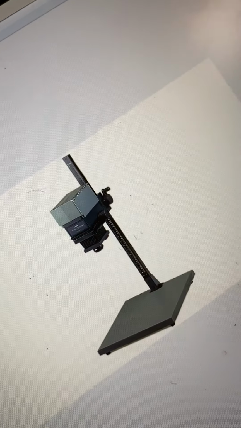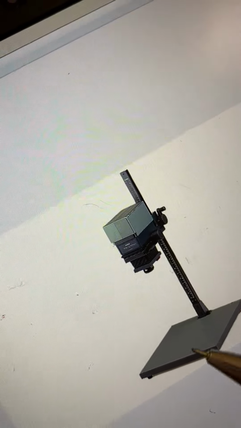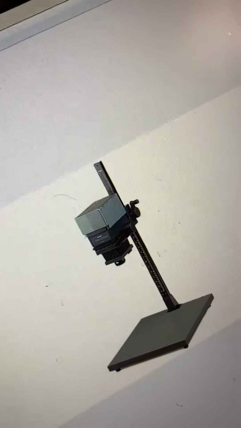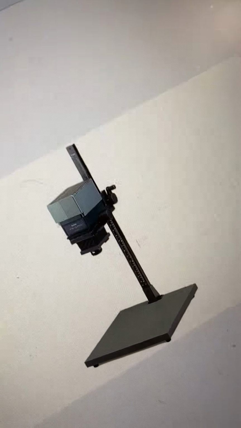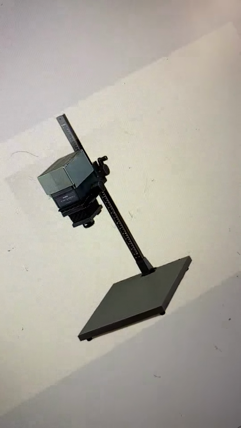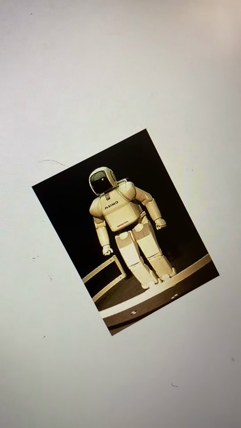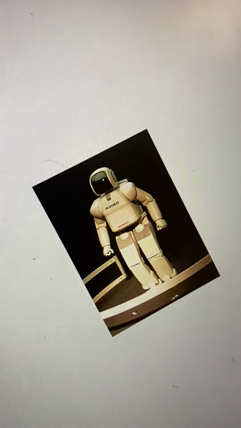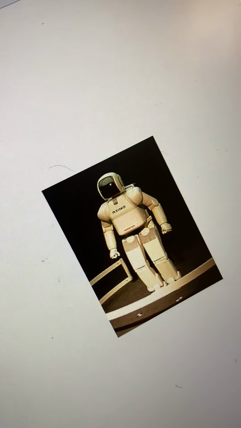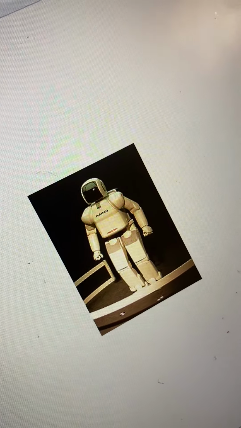What about these pictures? The machine which can make things bigger, we call it enlarger. This is a robot and we said that robot is an invention.